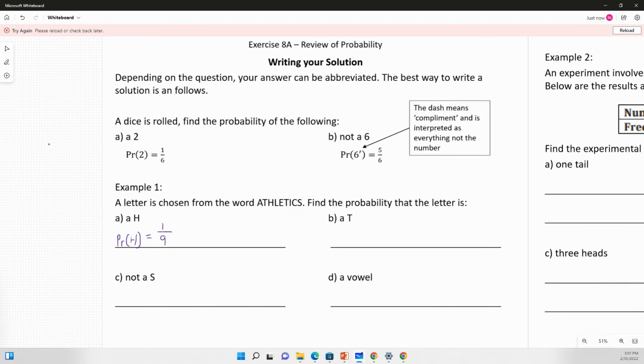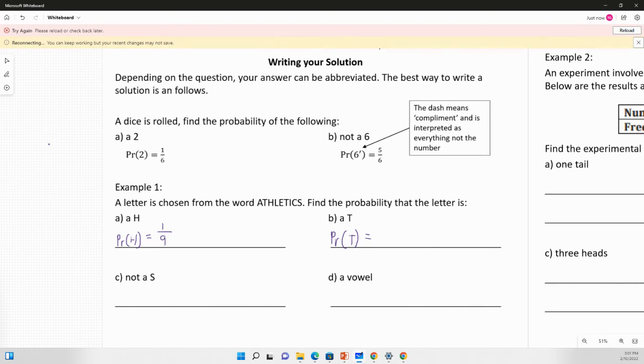Next one, let's have a look at the probability of getting a T. Probability of getting a T. So again, let's focus on the numerator first. The numerator is the number of favored outcomes, like our event.